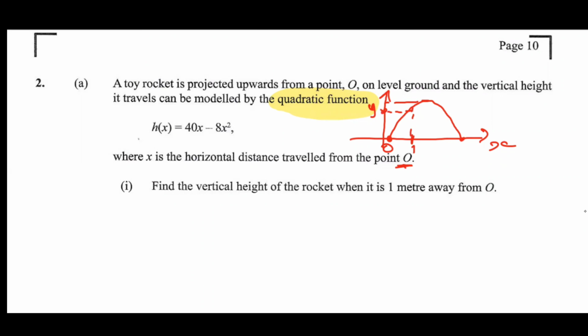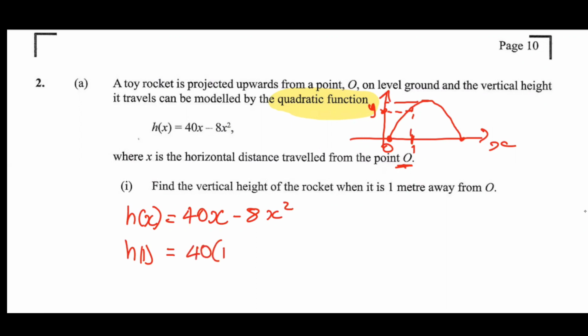So basically, this is a quadratic, and h of x, meaning the height function, is given by 40x minus 8x squared. Now, if we want to find h of 1, because when they say 1 meter away from O, it's like saying h of 1 in your regular function idea.